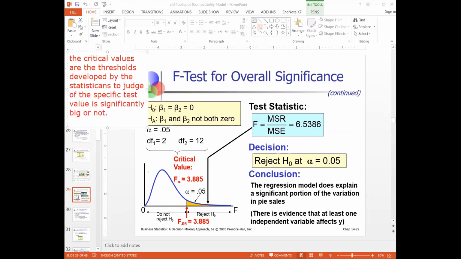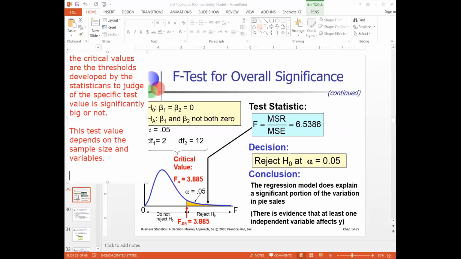This test value depends on the sample size and variables. In each statistics book, there's a table shown at the end of the book.